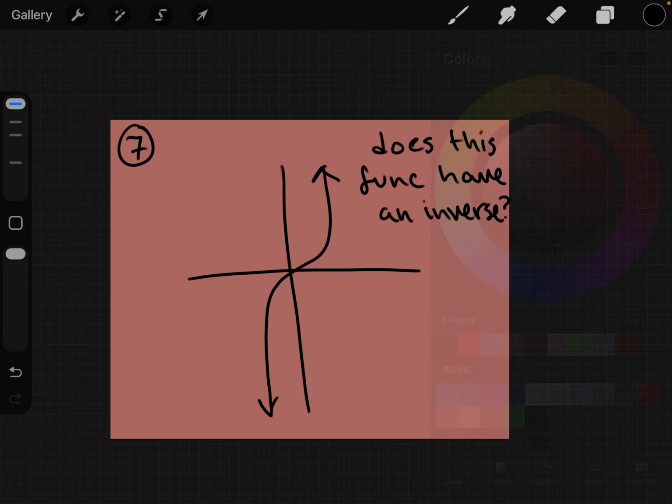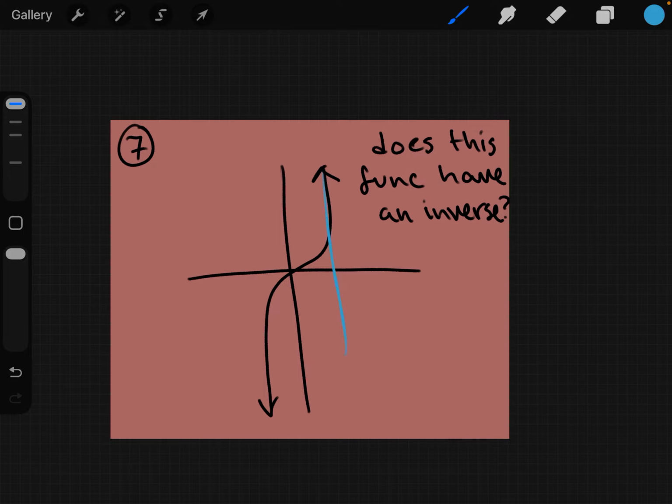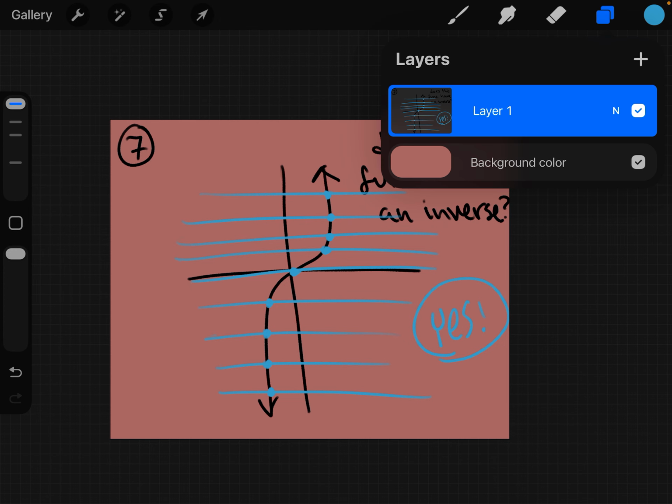The way we check this is by doing the horizontal line test instead of vertical, which is how you check for a function. We go this way now. And if there's 2 points on the horizontal lines, then no, it doesn't have an inverse. But this one only hits these lines at 1 point. So yes, it does have an inverse.